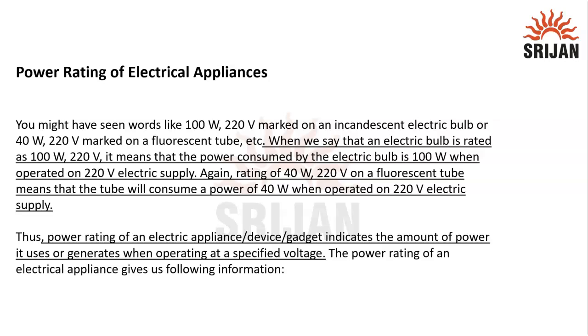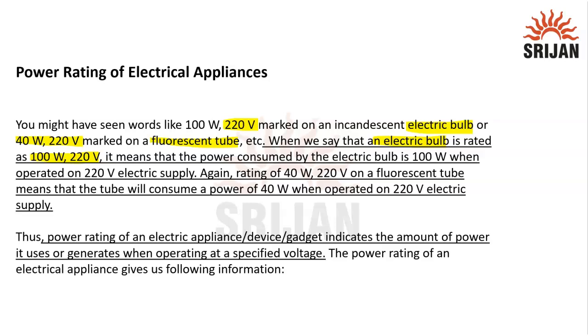Power rating of electrical appliance. You might have seen words like 100 watt and 220 volt marked on an incandescent electric bulb, or 40 watt 220 volt marked on a fluorescent tube. When we say that an electric bulb is rated as 100 watt and 220 volt, what does it mean?